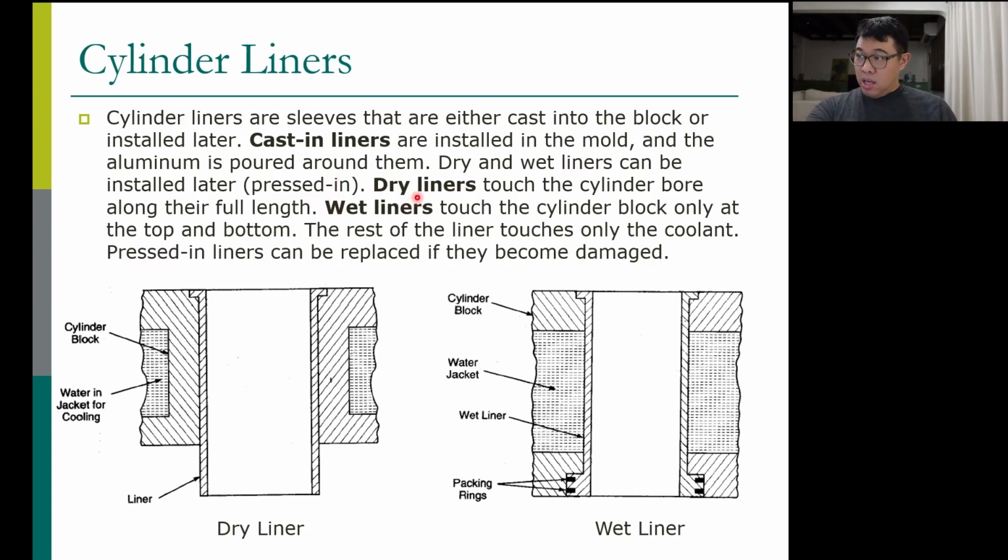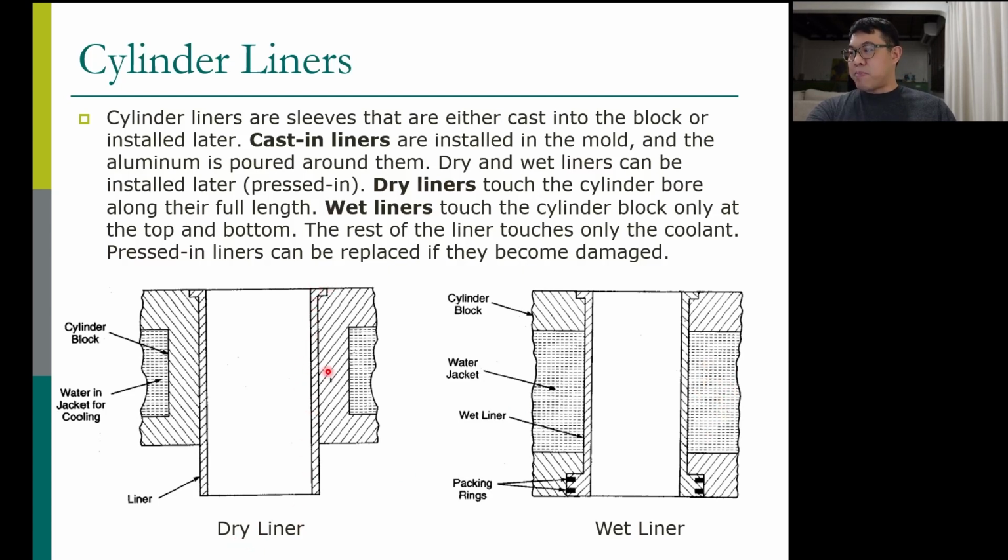The liners can also be dry liners, which means this liner does not touch the cooling water. Wet liner is exposed to the water jacket or to the cooling water. A dry liner looks like this.